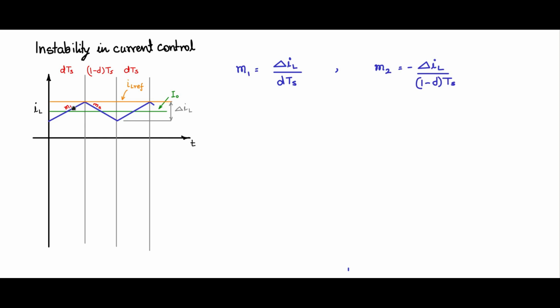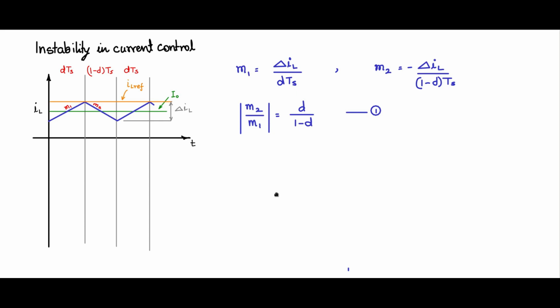This is pretty evident from this waveform. So let me write M1 by M2. I will take the modulus, taking the minus sign out of it, which is d divided by 1 minus d. We will call this equation 1. This is the ratio of the slopes, which is d by 1 minus d.